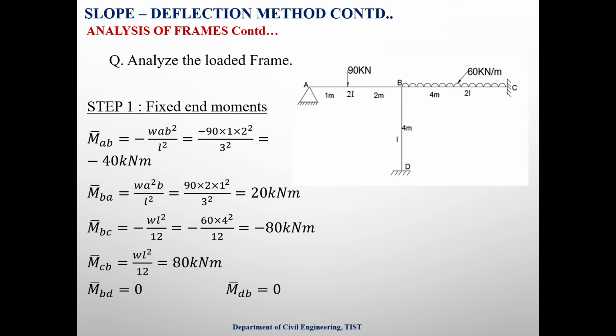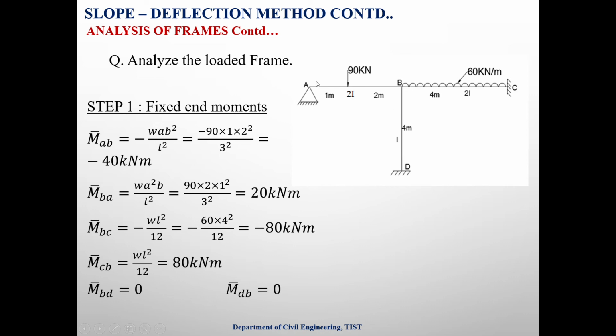What are the two joint equilibrium equations? One is, since A is simply supported, MAB is equal to 0. For joint B, to keep the joint in equilibrium, we should consider MBA plus MBC plus MBD is equal to 0.